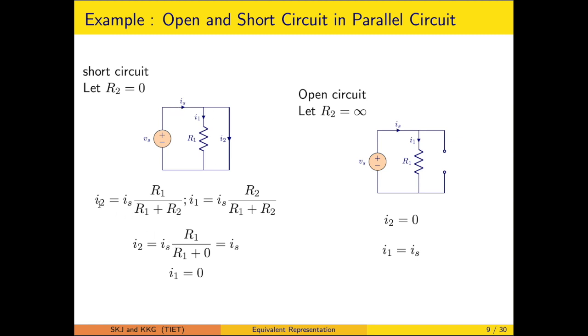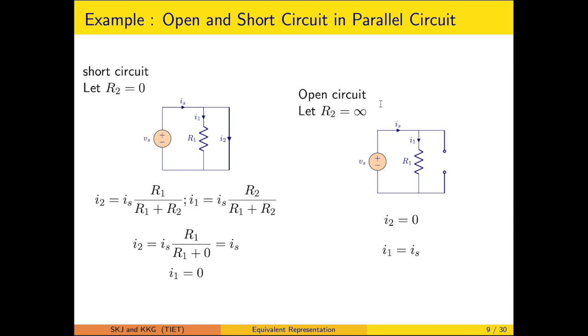So I2 in this case will be equal to Is, where the current drawn by I1 will be 0. So during the short circuit, the short-circuited branch is carrying all the current, while the other elements connected in parallel will carry 0 current.